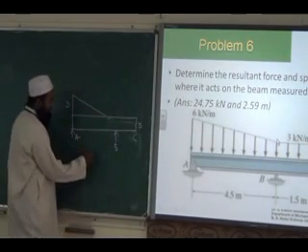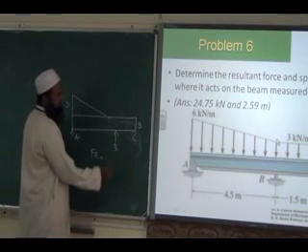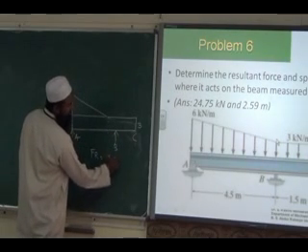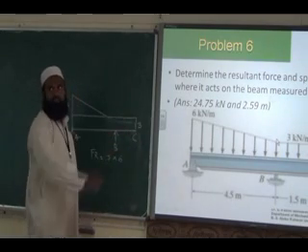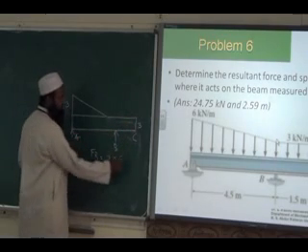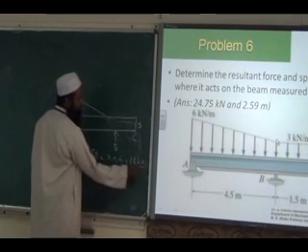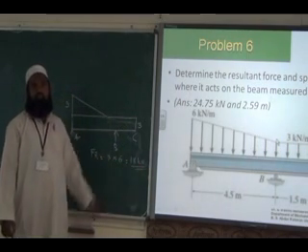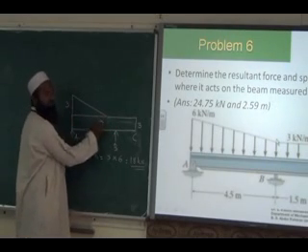So we say FR1 will be 3 times 6 throughout the length, 6 meters. 3 times 6, so 18 kilonewton is the net force for the area of the rectangle, UDL.